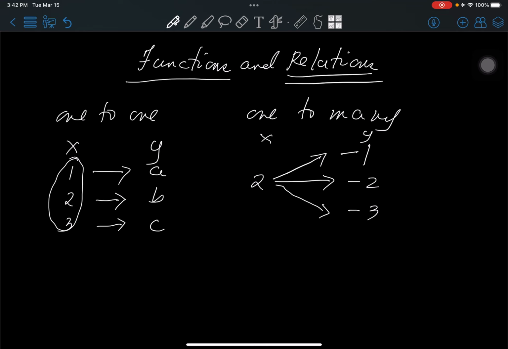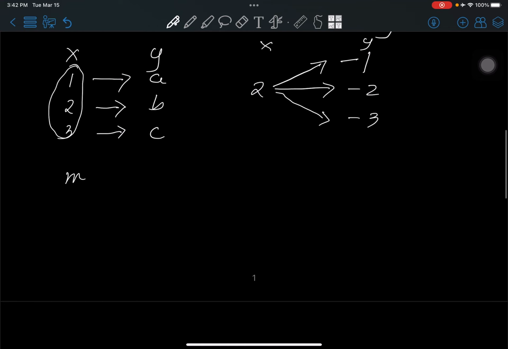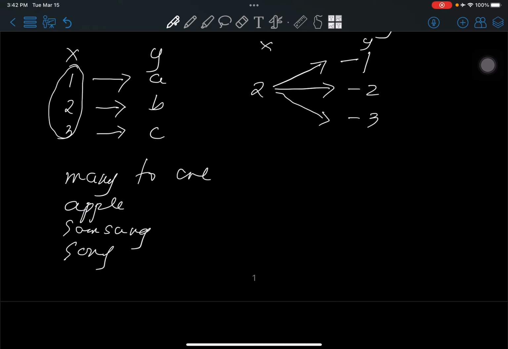Okay, and the other one, we have many-to-one correspondence. So how is this? For example, let's say we have Apple, we have Samsung, we have Sony, and let's say we have Huawei.